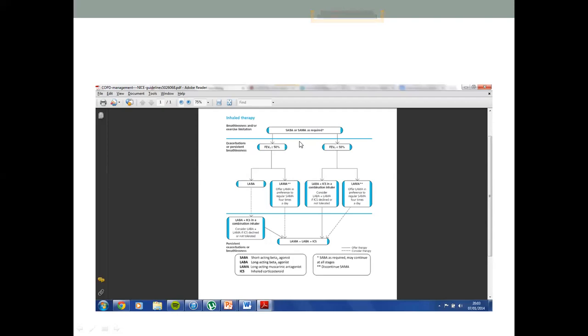Initially, if the patient has intermittent symptoms, then short-acting beta agonists or short-acting muscarinic agonists are used, then lung function is done.